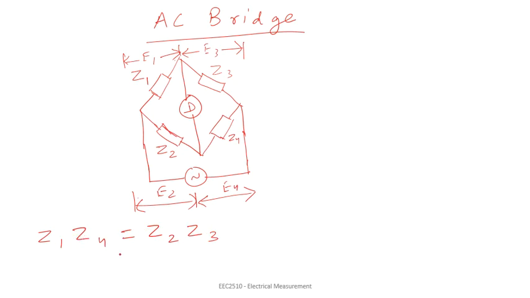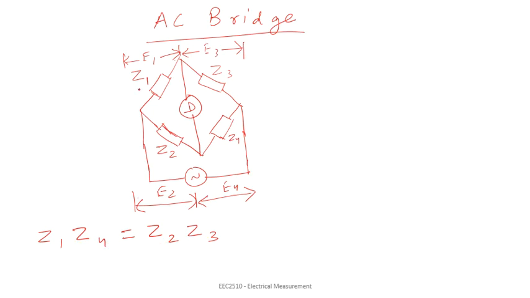Okay, so let's suppose these are the impedances of the four different branches. The first condition of achieving the balance is that the magnitudes of the impedances should satisfy this relationship, that is, the product of the magnitudes of the opposite arms must be equal.